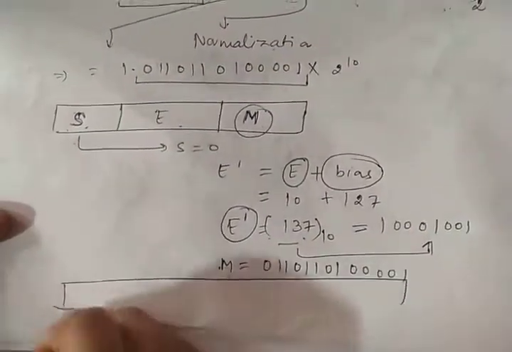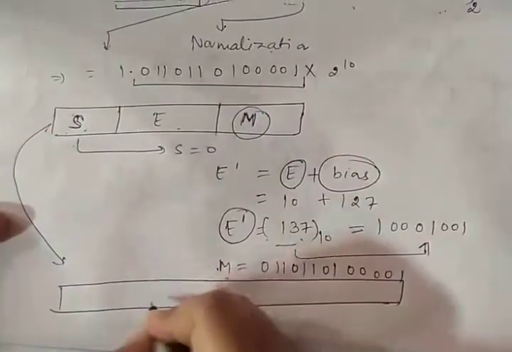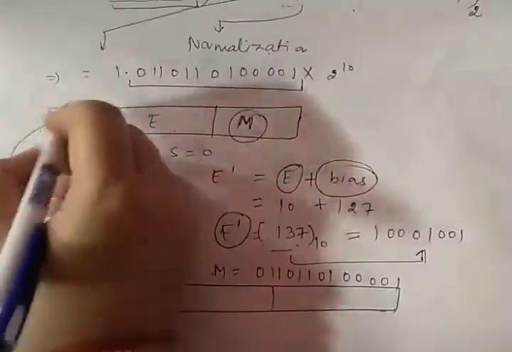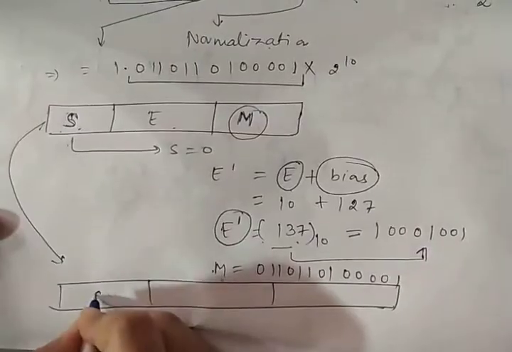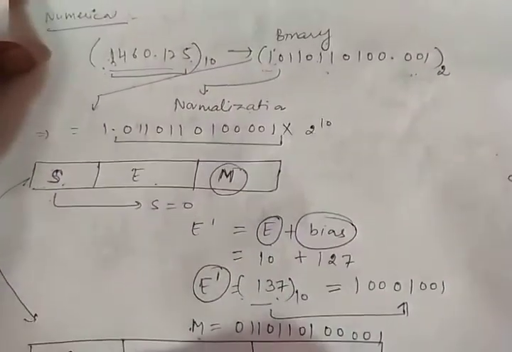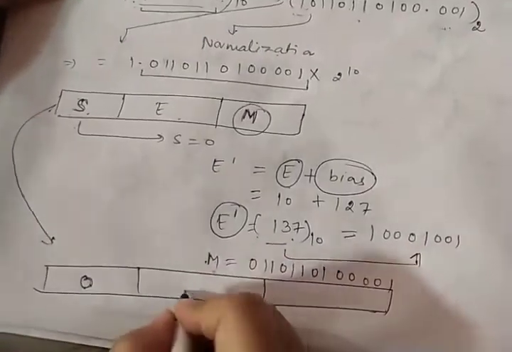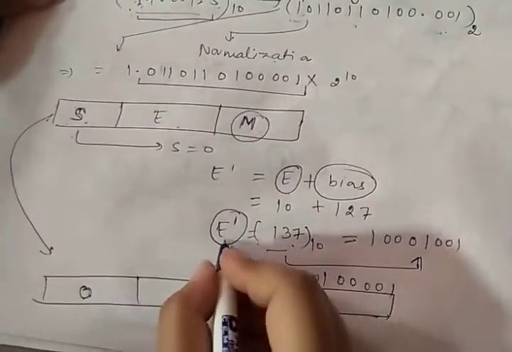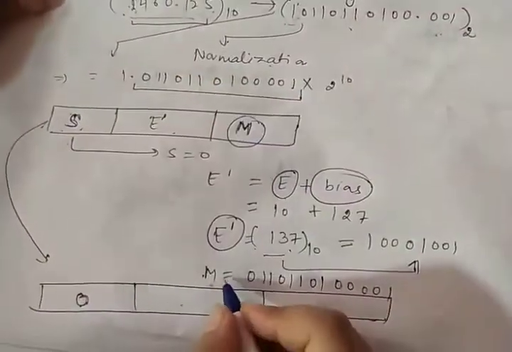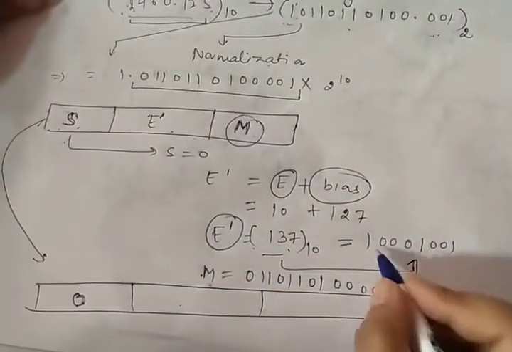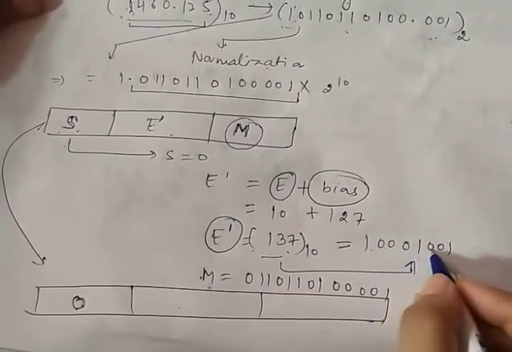Now you can write this out in the same format after putting in the values. First of all, you will add sign bit as 0, as our number is a positive number. After putting 0 here, now you can enter the value of exponential. Exponential is e dash, and we got the value of e dash as 100010001.